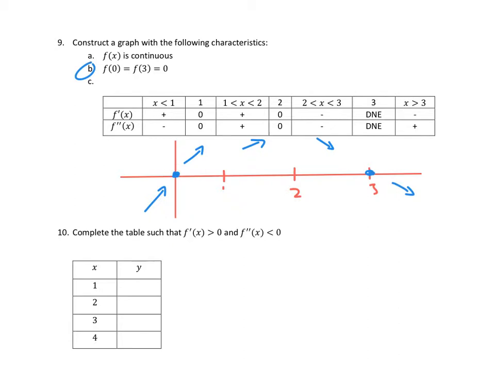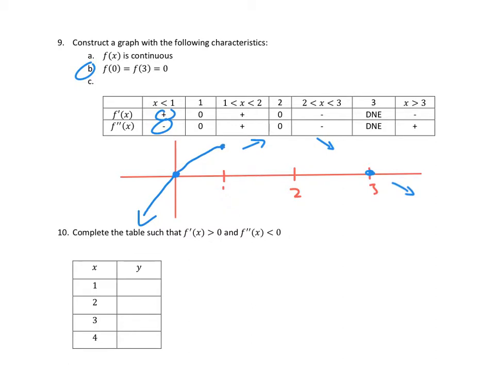Now let's talk concavity here. We have a negative second derivative, so we're concave down all the way up to 1. So we'll replace those with a curve. That's concave down, and we're increasing.